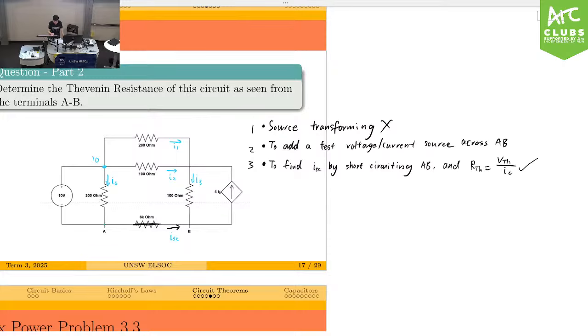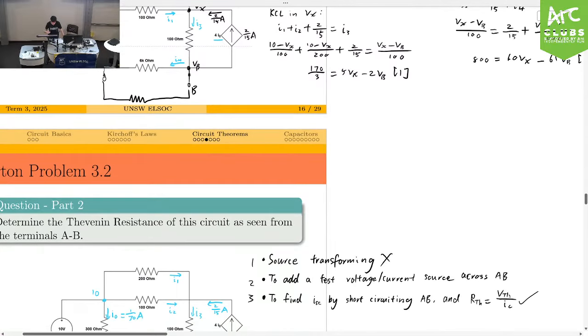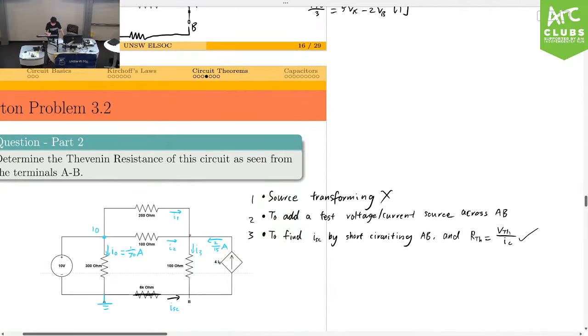Let's ground VA again, just for convenience. As you can see, if we ground VA again, then I0 is again just 130 amps, same as before. And so for I0, it's going to be 215 amps. So nothing has changed from our previous part. Let me label this as Vx and this as Vb.